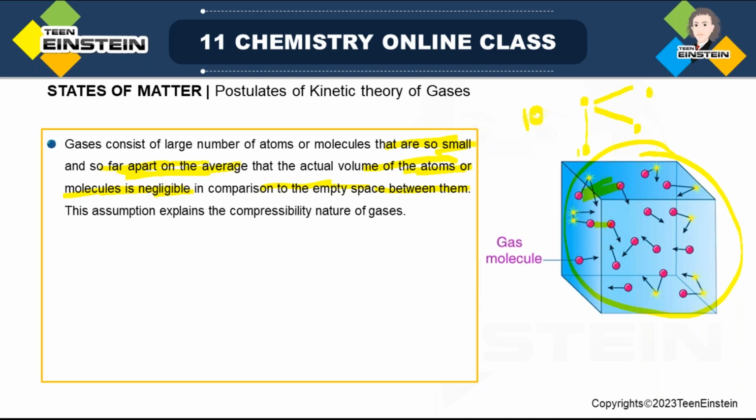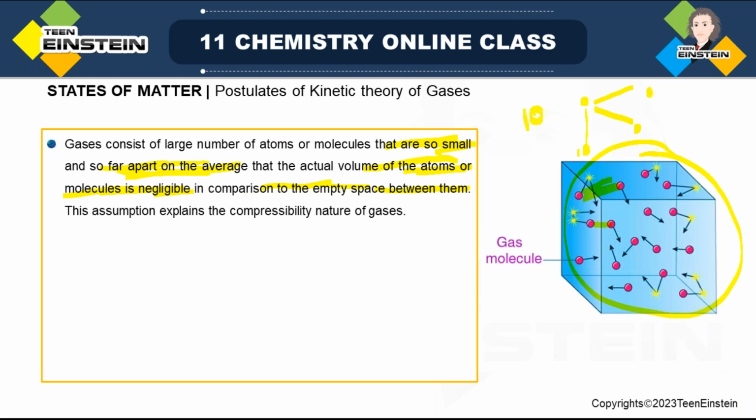If you separately consider the volume of the atoms or molecules, that is the volume of the particles, that is one volume. Another volume is the space present in between them. Suppose the first volume is V1 and the second volume is V2.